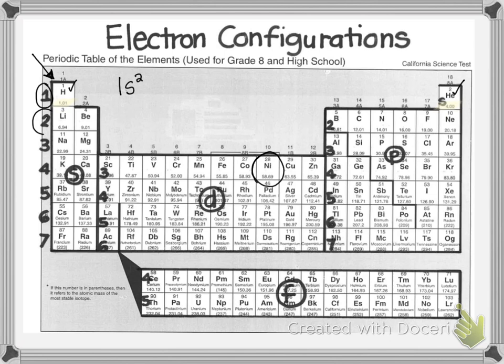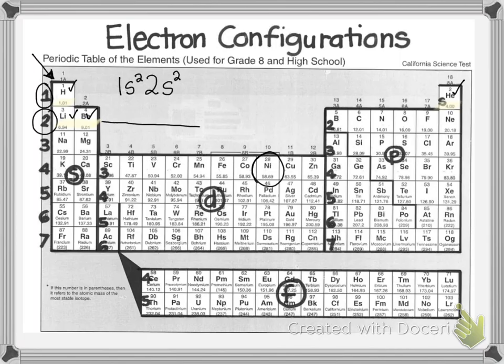Then I go to the second row, which represents the second energy level. These are the s's: 2s2. And you don't have to write as much as I am writing on the periodic table. You can do this in your mind. I'm only writing because, since I can't see you and you're just looking at this whiteboard, I want you to see what I'm looking at.